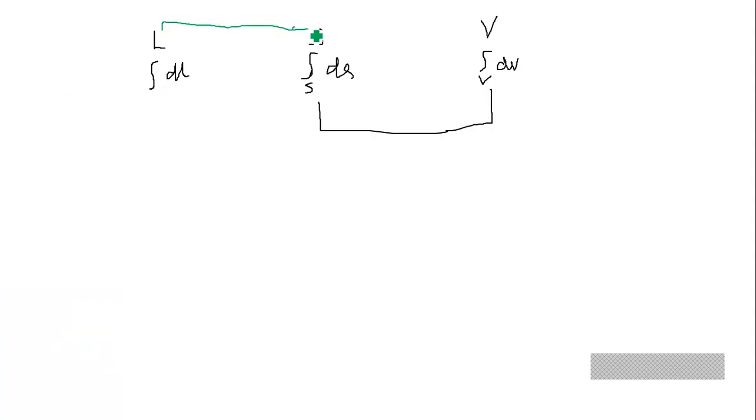Let me name them like this. If I concentrate on surface to volume, it will be the divergence theorem. As a shortcut I will make it SVD, like Swami Vivekananda, which means the divergence theorem. The divergence theorem deals with the relationship between surface and volume.